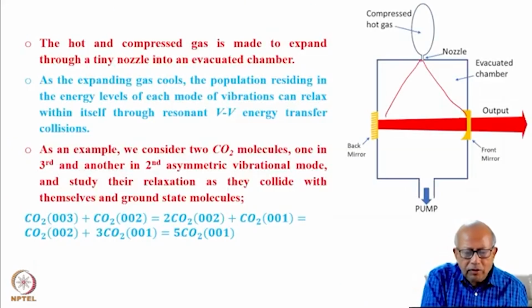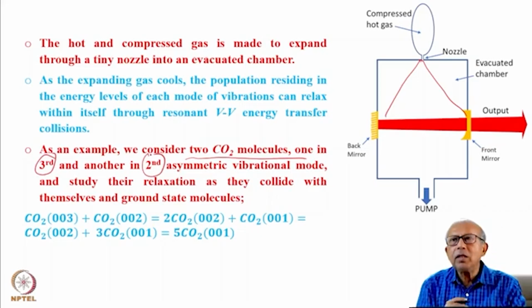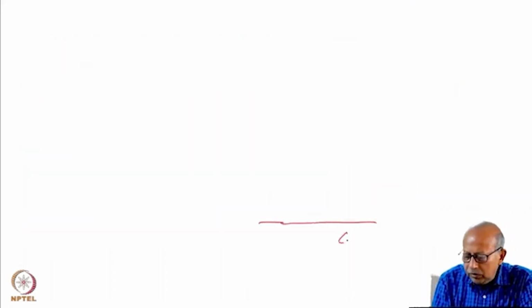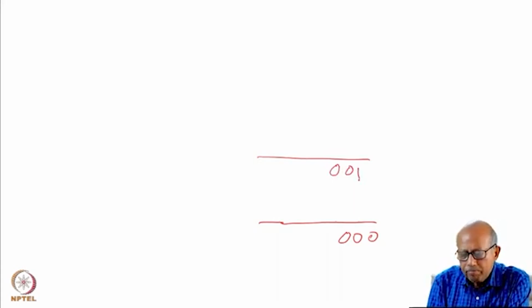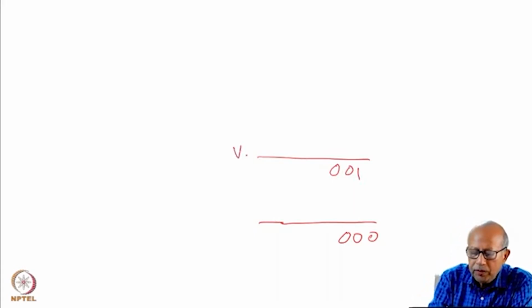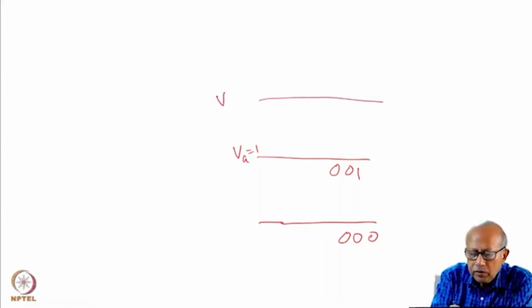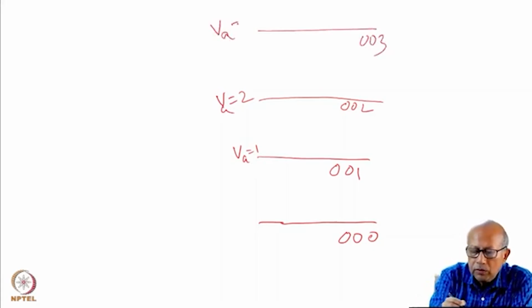So let us take a deeper look into that. As an example, we consider two CO2 molecules, one in the third and the other in the second asymmetric vibrational level. So this is 0 0 0, then this is 0 0 1, the first excited asymmetric mode, V asymmetric equal to 1, this is 0 0 2, V asymmetric second, this is 0 0 3, V asymmetric 3.